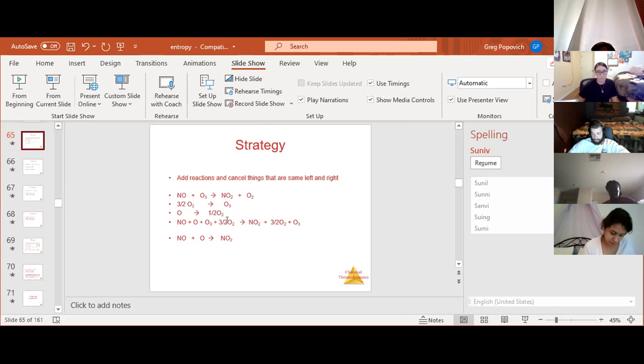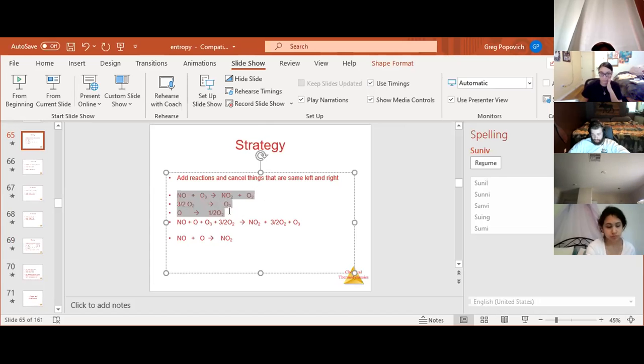So if I cancel those out, what I'm left with is NO plus O yielding NO2. Correct, Emily? But you have to understand, I know the entropy for these 3 guys. So if I know the entropy for these 3 guys, all I have to do is add them up. That will give me the entropy for this one since everything canceled out. Does that make sense, Emily? Yes, it does. Thank you.